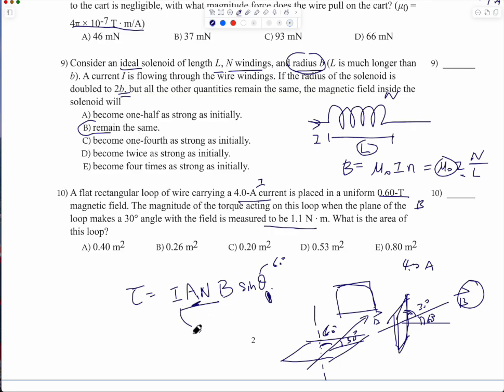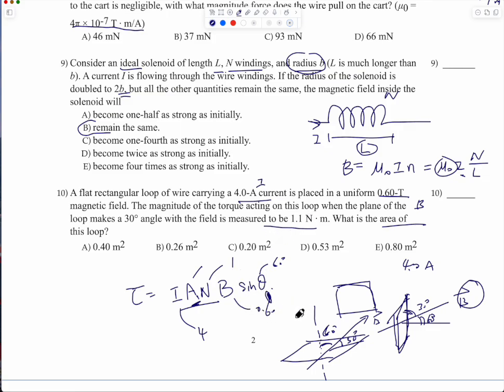So this current is 4. Area, do you have area? What is the area? We're looking for the area. The number of turns, let's make it 1, doesn't matter. And B is 0.6.